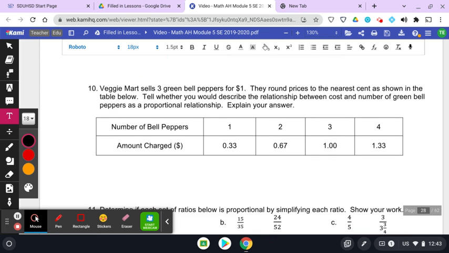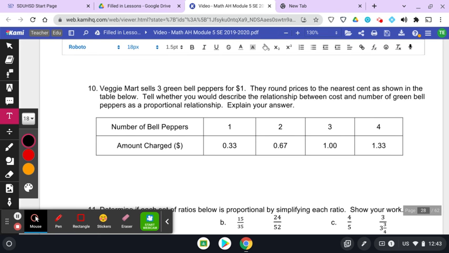All right, Vegemart sells 3 green bell peppers for $1. If they round their prices to the nearest cent, as shown in the table below, tell them whether you would describe the cost of the number of green bell peppers as a proportional relationship. So this is very math techy. So technically not, because here there's rounding.